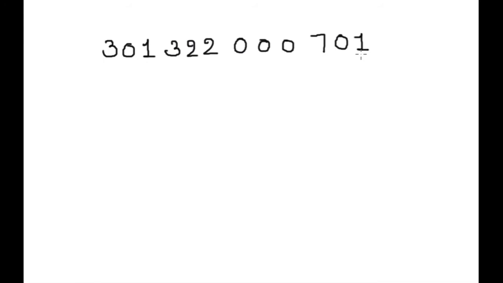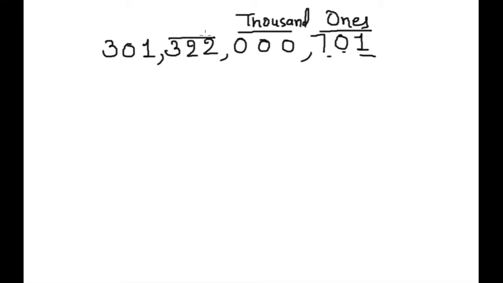Put a comma after every 3 digits from the right side. 1 2 3 comma 1 2 3 comma 1 2 3 comma. Now come to periods. Ones, thousands, million, billion.